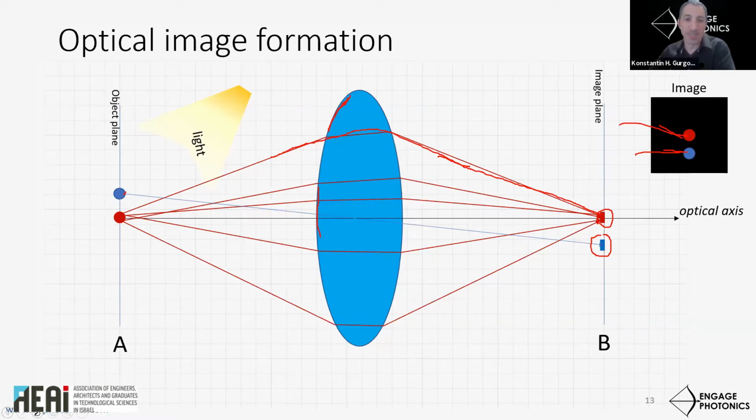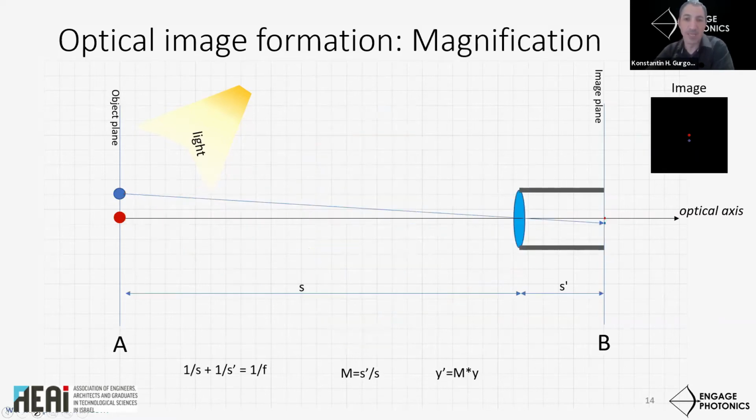Now, in this kind of symmetrical arrangement, we see that the object is the same size as the image, but typically we want to get a very small image because image sensors are small and we want compact cameras. So to obtain that, we position the lens much closer to the image plane, and we use a lens with a different focal length.